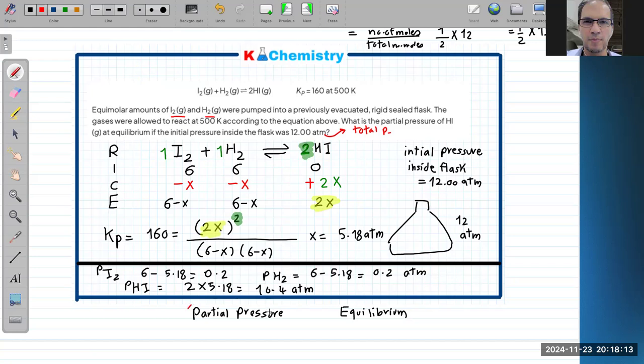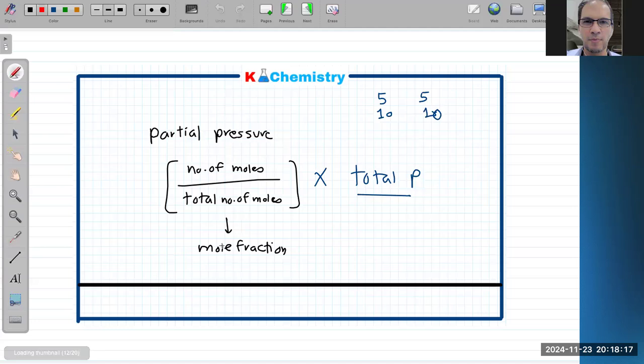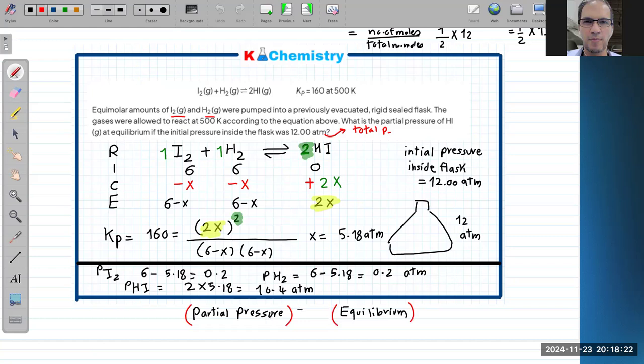Find the partial pressures using this equation: the partial pressure is equal to the mole fraction, number of moles, multiplied by total pressure. And then from it, you can find the equilibrium, either finding the equilibrium constant Kp, or find the unknown concentrations like we did here, or unknown pressure.